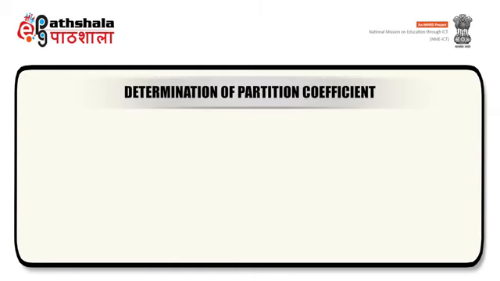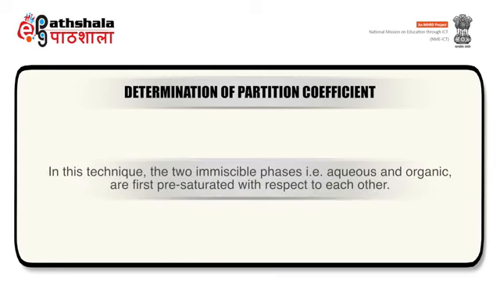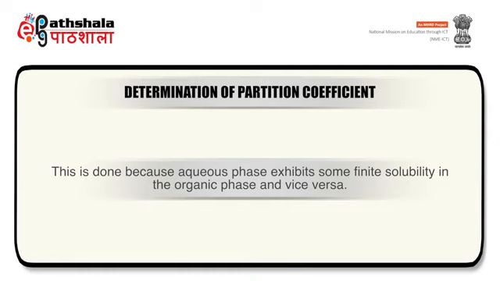Now we will discuss the method for determination of partition coefficient. The most common method for determining partition and distribution coefficient is the shake flask method. In this technique, the two immiscible phases, that is aqueous and organic, are first pre-saturated with respect to each other. This is done because the aqueous phase exhibits some finite solubility in the organic phase and vice versa.